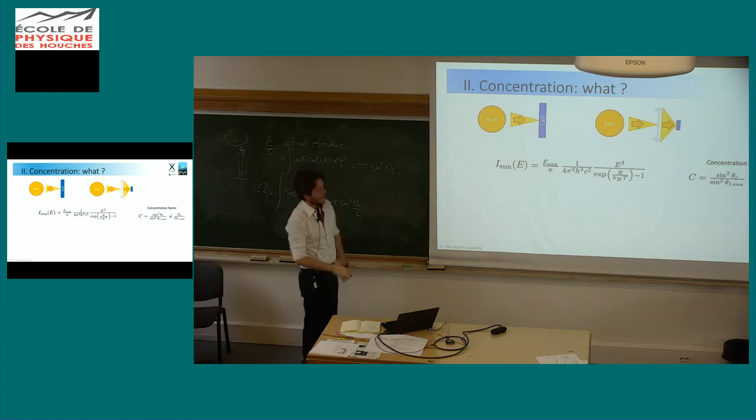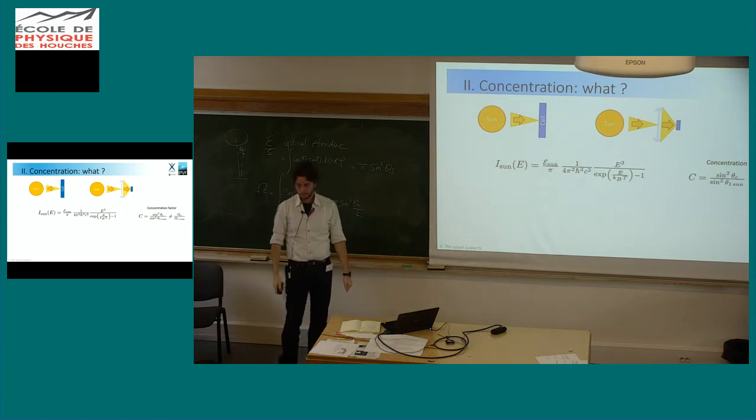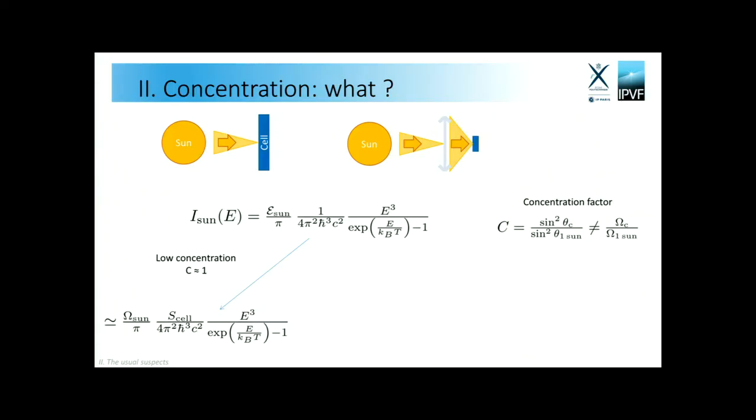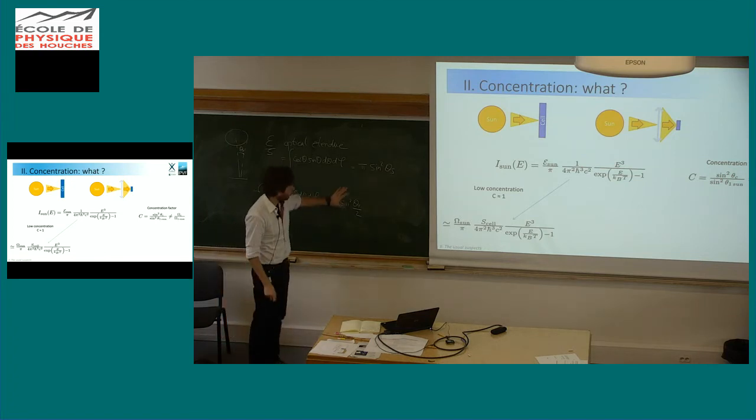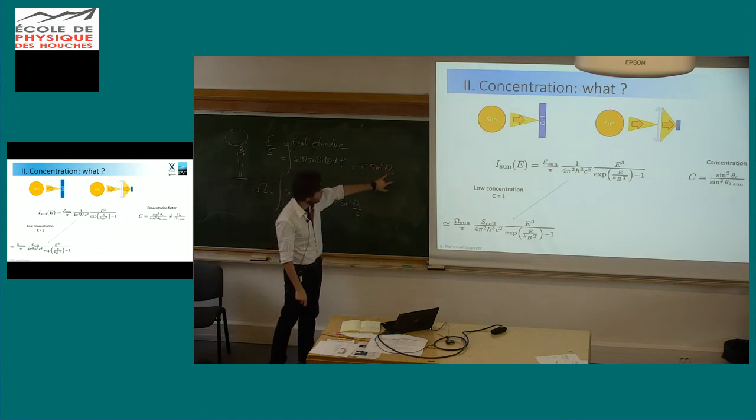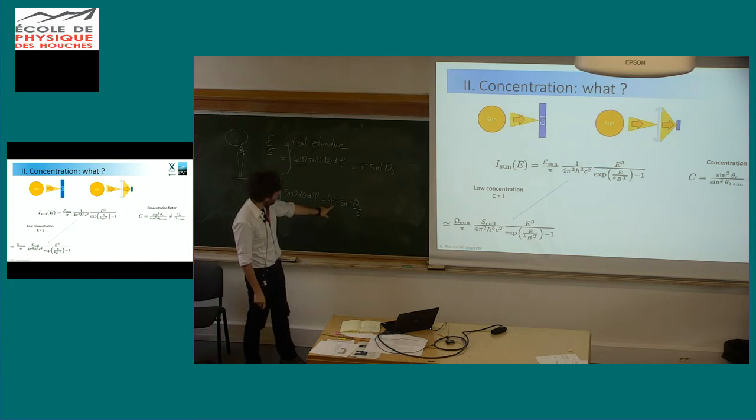Okay? It is not equal to the ratio of solid angles. If you work at very, very low concentration, if theta here is small, then these two things are almost equal. Okay? If theta is small, sine theta is almost equal to theta, so this is pi times theta squared, and this here would be 4 pi times theta squared divided by 4, which is the same thing.